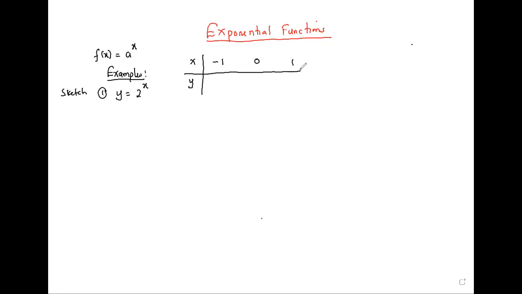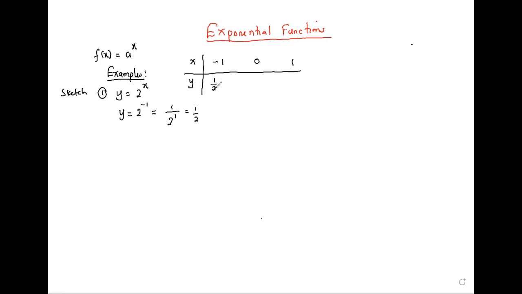When x is -1, what will be y? y is 2 to the power -1. When the power is negative, it's the same as having the whole thing in the denominator with the positive power now. And this is just 1/2. So we have 1/2 here.